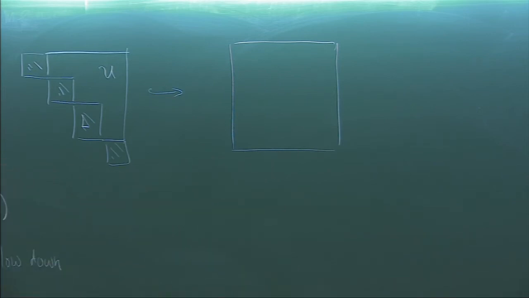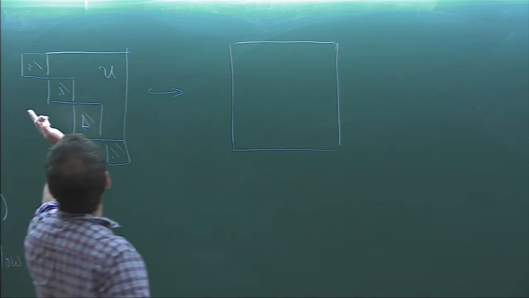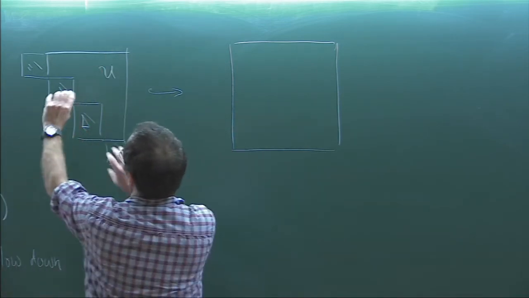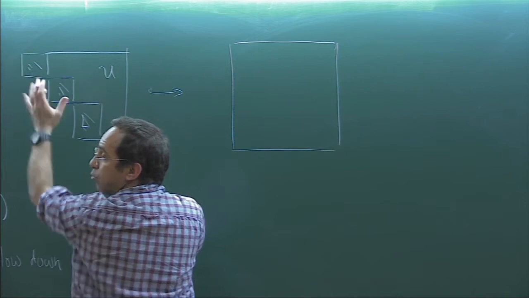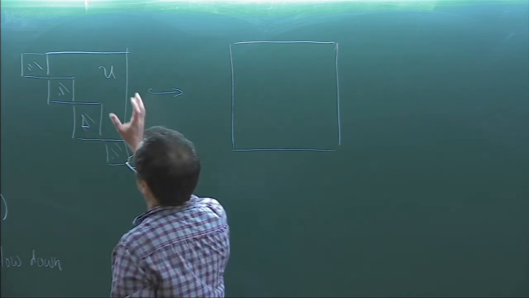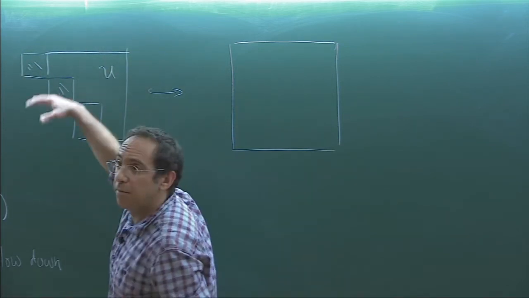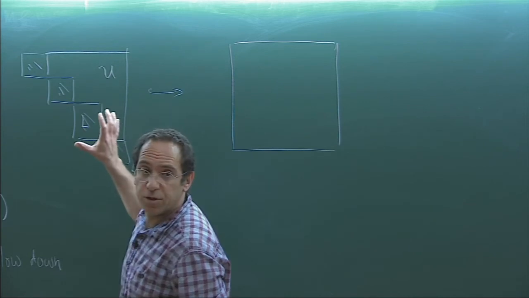Then what Harish-Chandra suggested is to change the induction a little bit by extending the representation trivially from this diagonal, from this Levi subgroup, to the unipotent part, obtaining a representation of the parabolic subgroup, a very special representation.